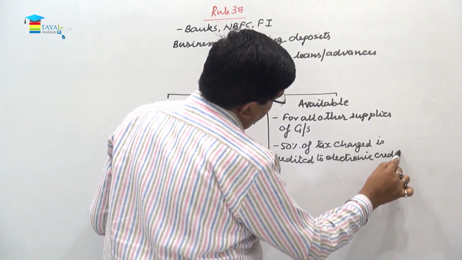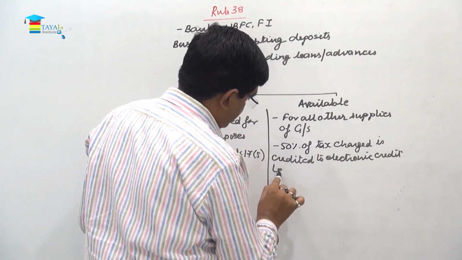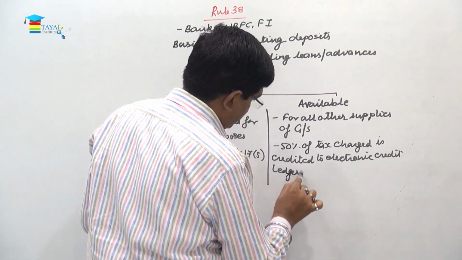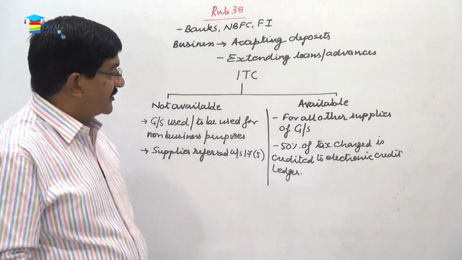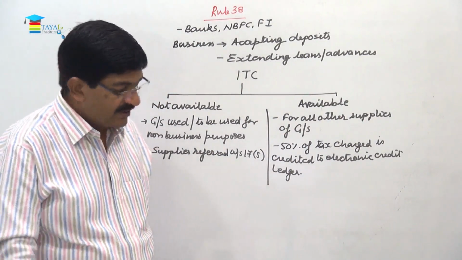This is important: 50% of the tax charged will be credited to the electronic credit ledger.